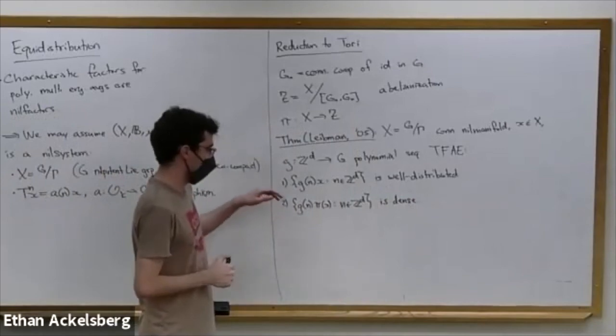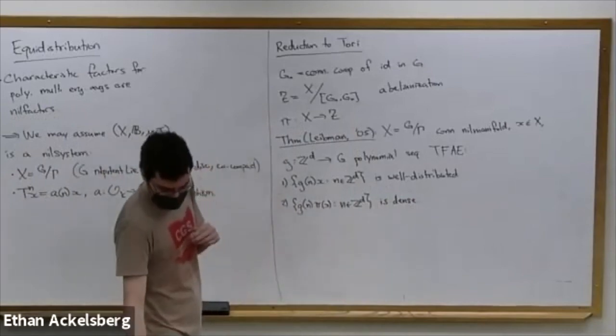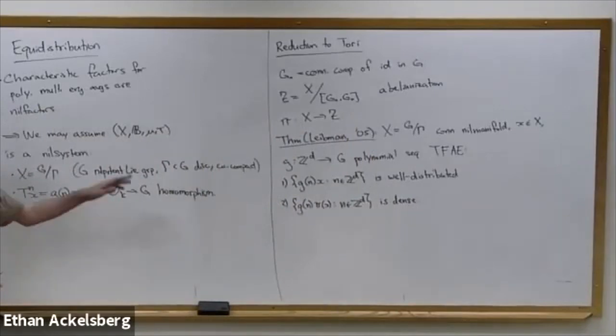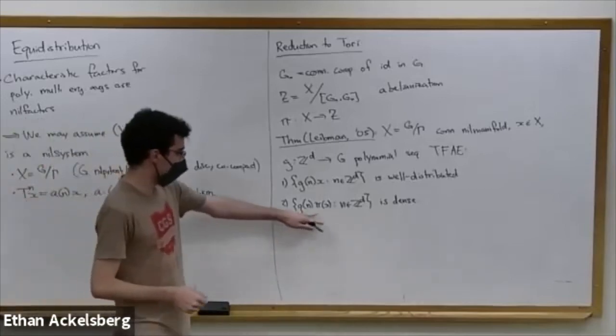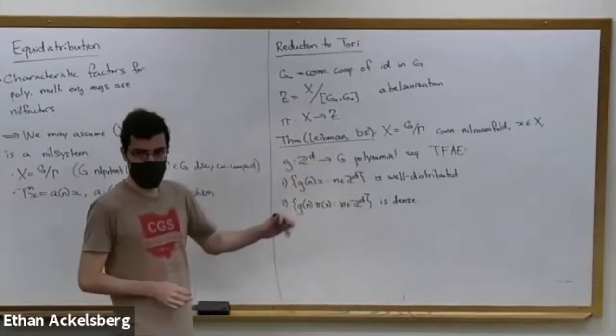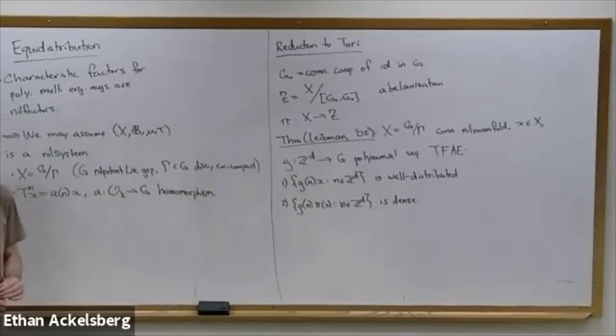So Weyl's criterion would say, if you want to prove equidistribution of some polynomial sequence like this in a torus, then all you have to do is check that none of the characters vanish on the orbit. There's some version of characters for nil systems, and this being dense is actually the same as saying that you don't have characters vanishing on the orbit.